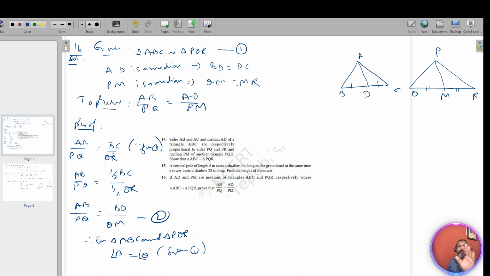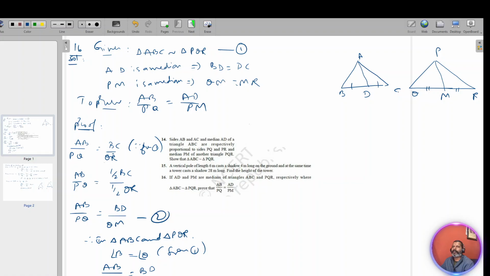Similar triangles mean all corresponding angles are equal, and corresponding sides are in proportion. So AB by PQ, right? Okay. AB by PQ equal to BD by QM.